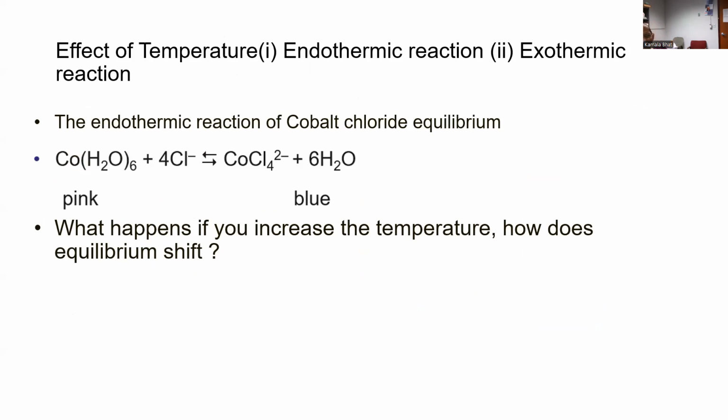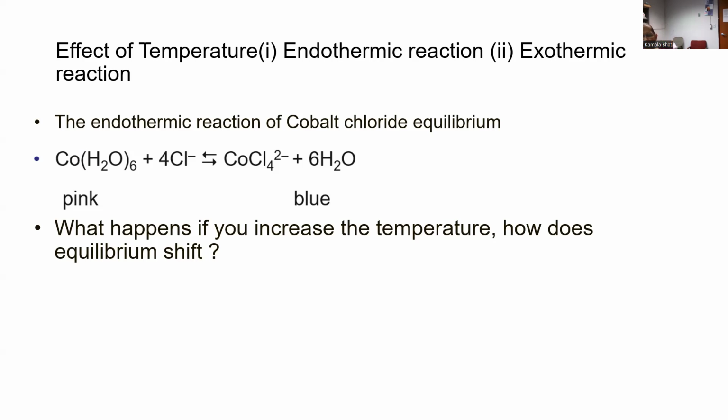So remember that in thermochemistry, you learned that a reaction can be endothermic, absorbing heat, or exothermic, releasing heat. For an endothermic reaction, one of the best examples is the cobalt chloride equilibrium in water. In the presence of an acid it is pink in solution. When we add a base, the solution turns blue. And this is an endothermic reaction. And so if you increase the temperature, the question is, how does the equilibrium shift?